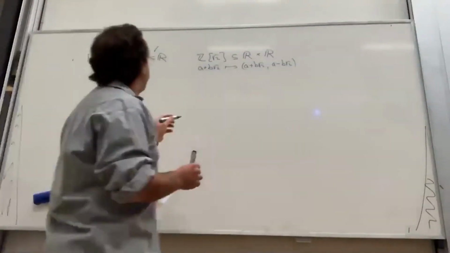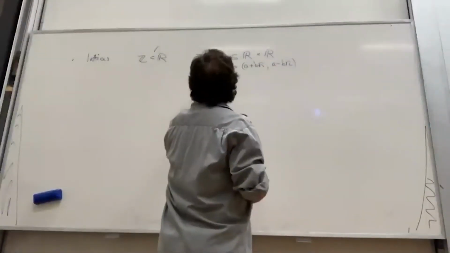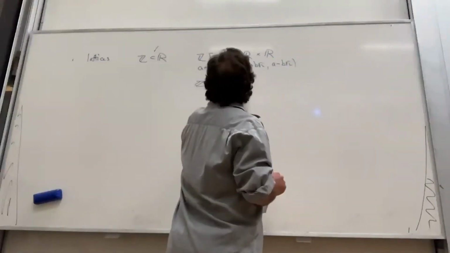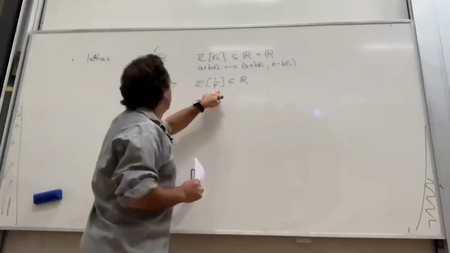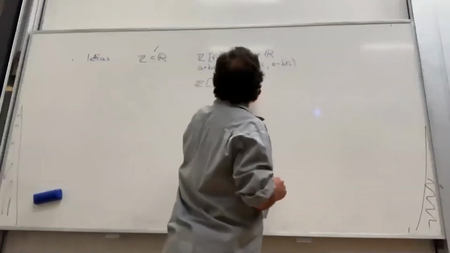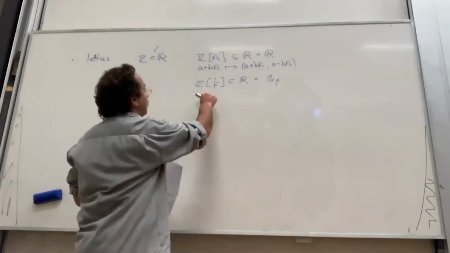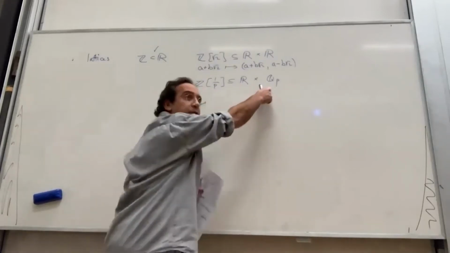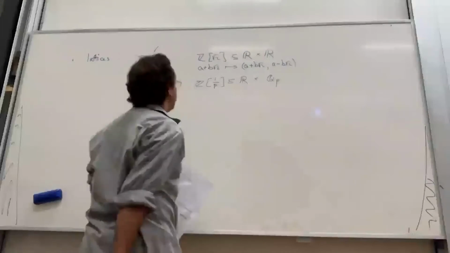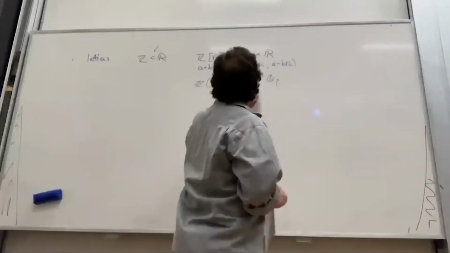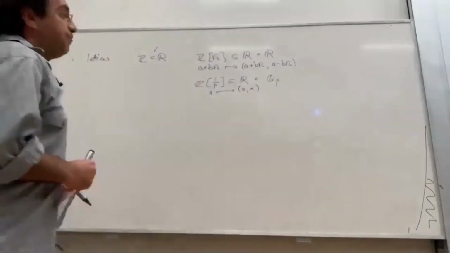Let me give you maybe another example. Another example would be Z[1/p], again in R. This is not a good example, since you get arbitrarily close to 0 here, but if you put it together with Q_p, then if you are getting close to 0 here, you blow up there with that embedding.